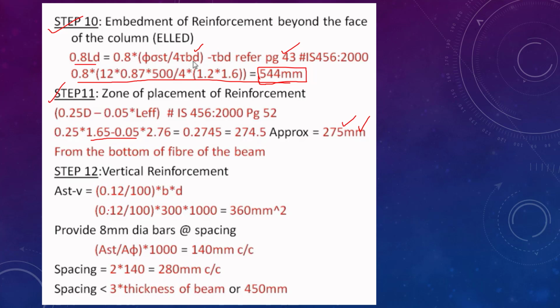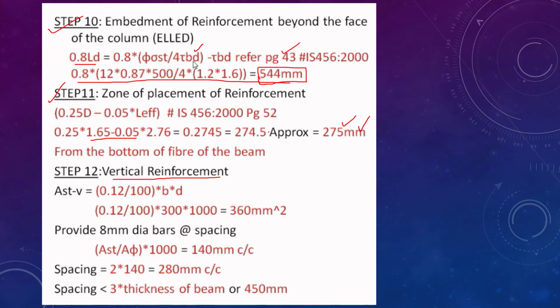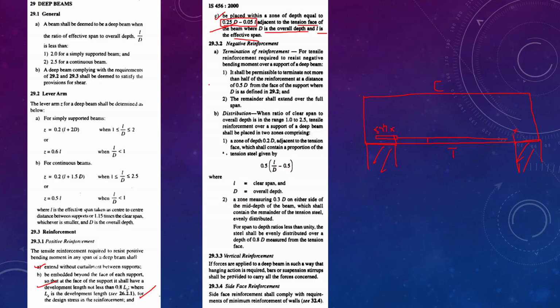Then there are two more clauses, for step 12, for finding the vertical reinforcement as well as the horizontal reinforcement. Again, back to the code. One more thing to note is that there is no requirement for the negative reinforcement, as this is a simply supported beam. If it was a continuous beam where there would be hogging moments at the supports, we have to provide the reinforcement according to clause 29.3.2.